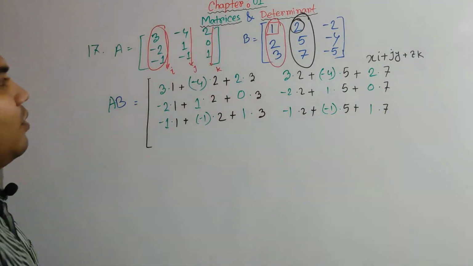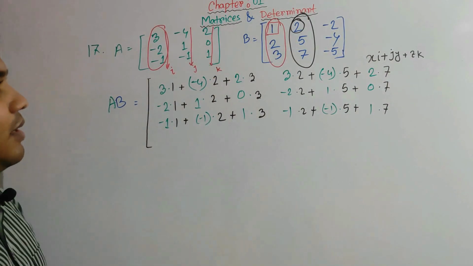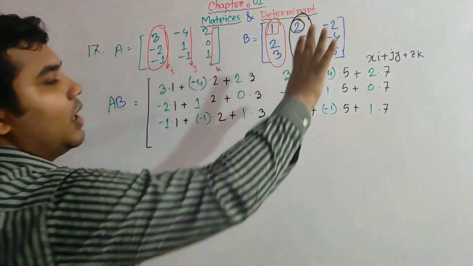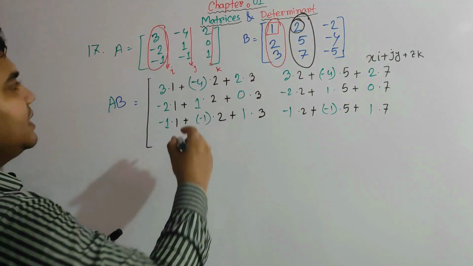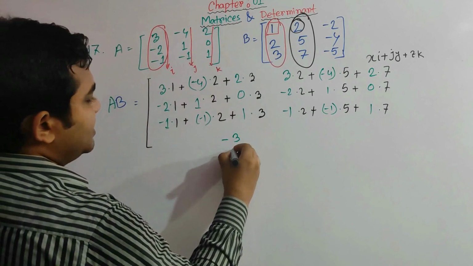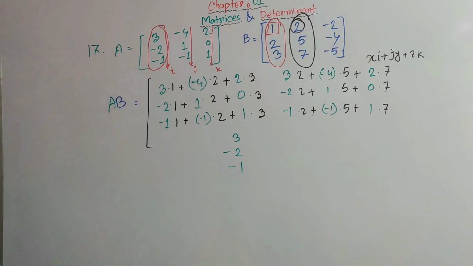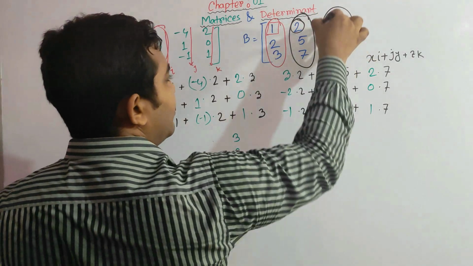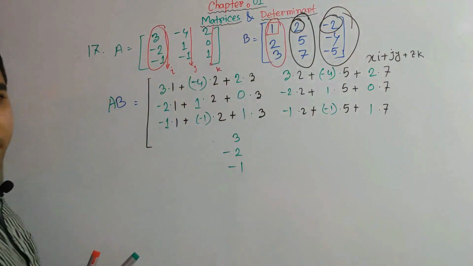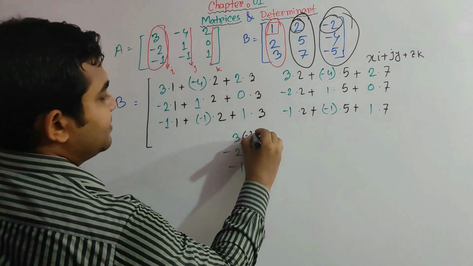Okay, now move on to the third and last part. Why? Because there is another column. Since there is another column, again 3 minus 2 minus 1 should be multiplied with the first entry of this column.